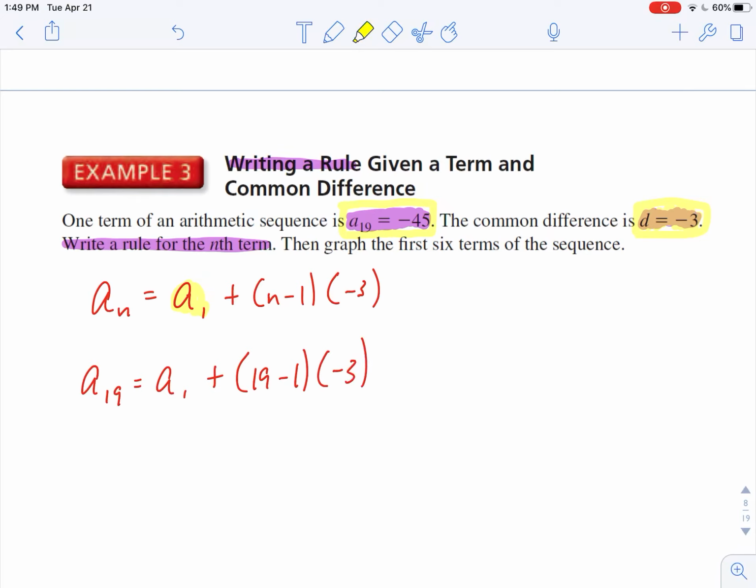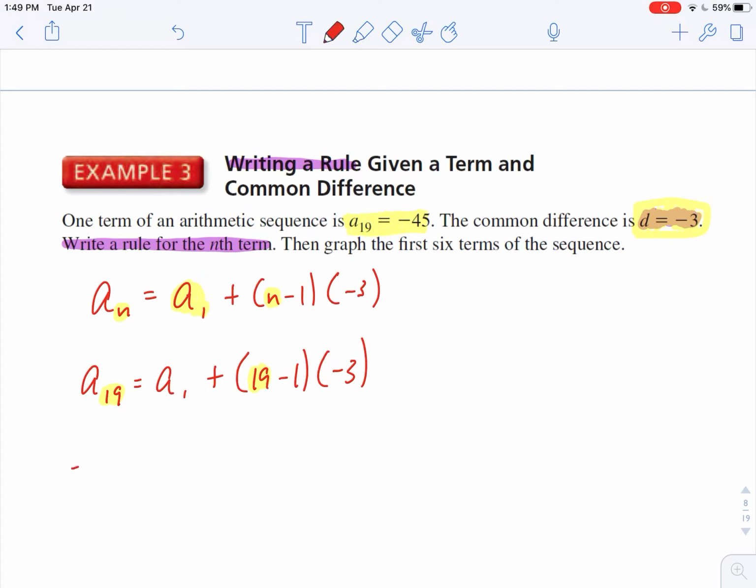Notice that we're taking n and replacing it with 19, and we are being consistent because over here we also replaced n with 19. Now my question is, do we know what a sub 19 is? Well, yeah, we do. It's right here. a sub 19 is this number, negative 45.